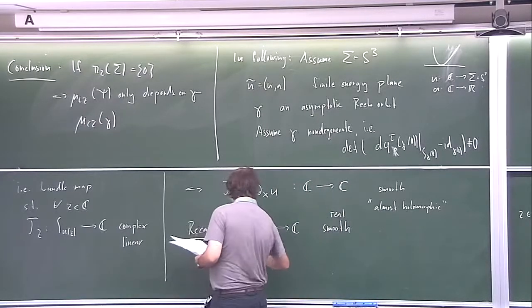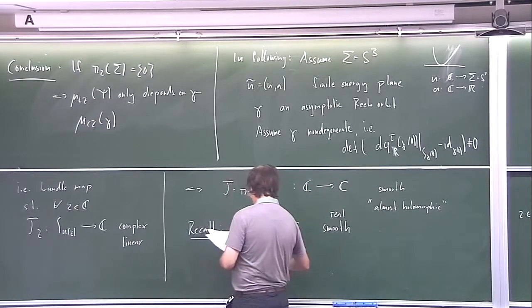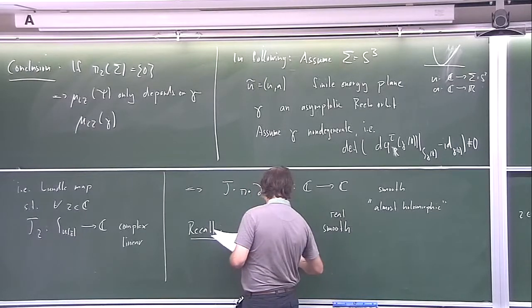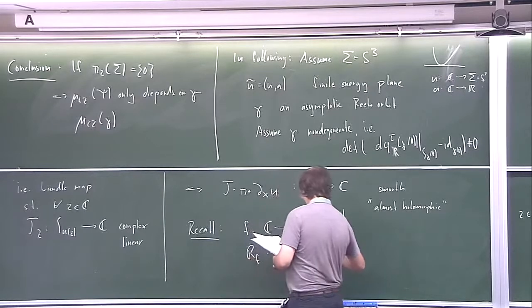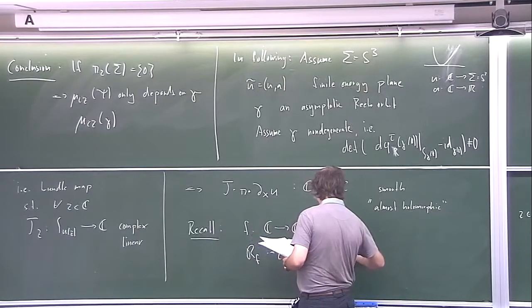Let me abbreviate Rf, the regular set: the set of z in C such that f of z is different from 0.